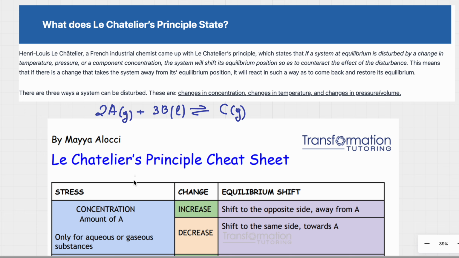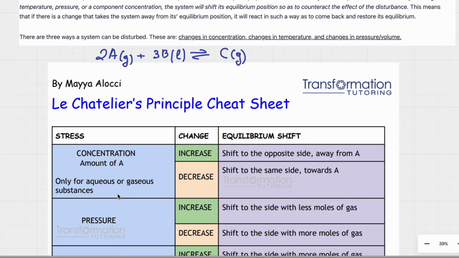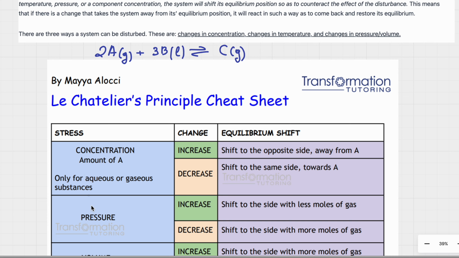So the first thing we will talk about will be changes in concentration, and here we will look at this guide. So if my concentration is increasing, the equilibrium will shift to the opposite side of your substance.